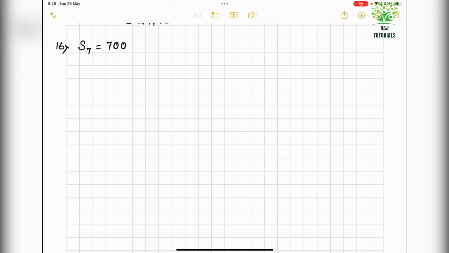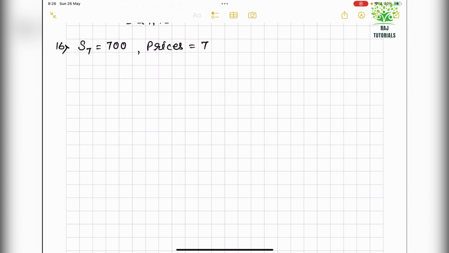Now the next one is: a sum of rupees 700 is to be used to give 7 cash prizes. So prizes are 7 and the total sum is 700. So S7 is 700. The prizes are for students of a school for their overall academic performance.